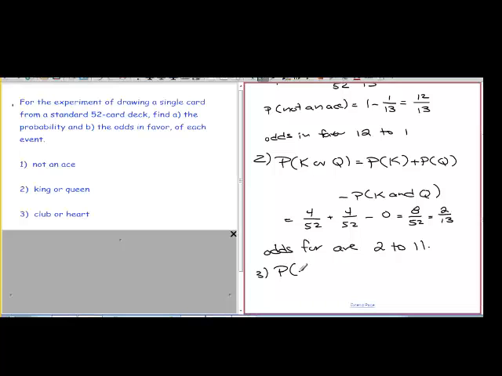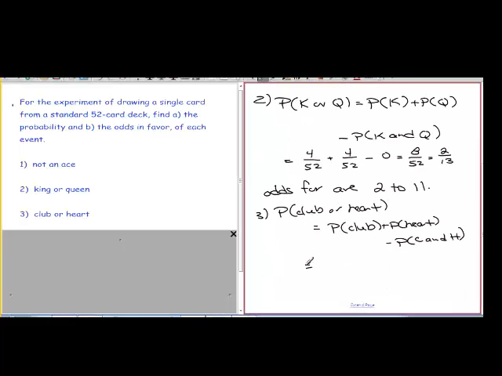So the probability of getting a club or a heart is going to be the probability of picking a club plus the probability of picking a heart minus the probability of a card that's both a club and a heart, which can't happen. So we get there are 13 clubs out of 52 cards.